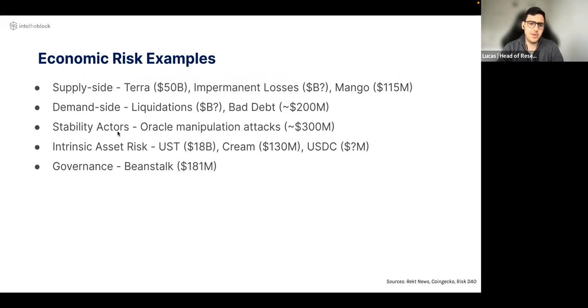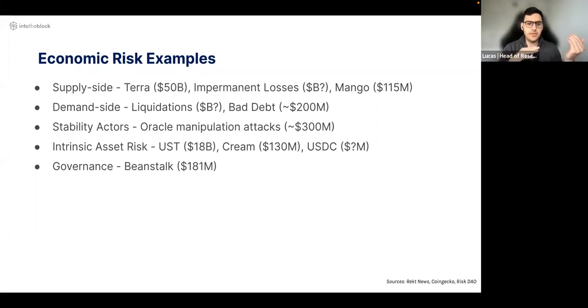Then stability actors we define as a lot of these external parties that help balance the protocols. So oracles are a key part for lending protocols. Arbitrageurs, for instance, also add a lot of value to DEXs, helping, for instance, keeping pegs maintained and markets efficient.